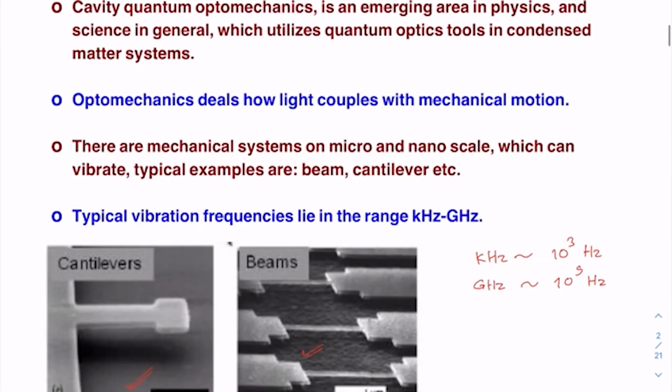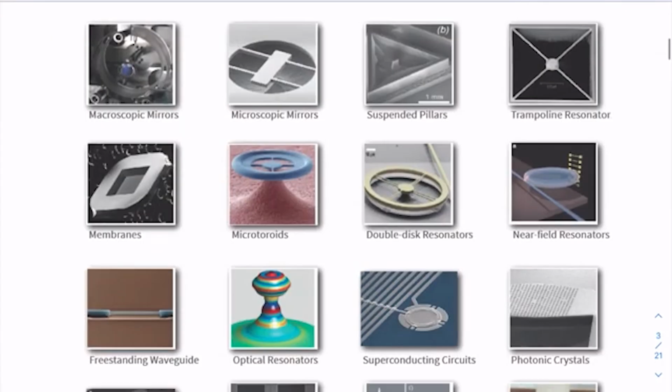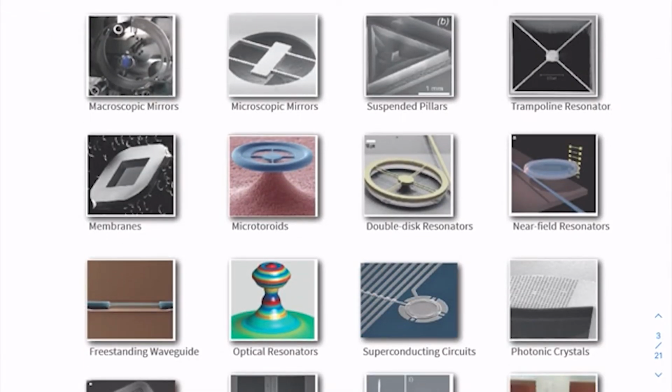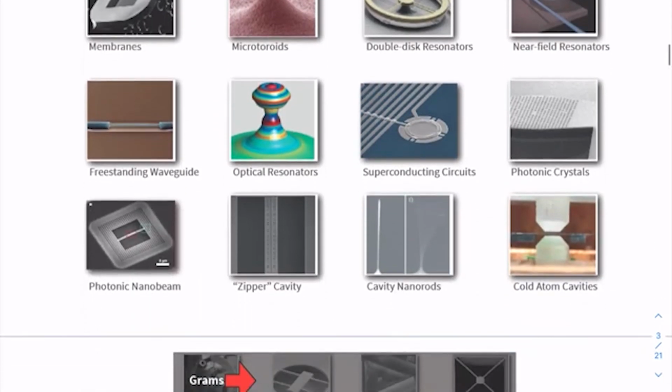And these systems are typically cantilevers, beams, and these are oscillators. These oscillators vibrate in the frequency range of kilohertz to gigahertz, and there are varieties of systems. In fact, a plethora of such systems are available, which I pointed out in the last class.